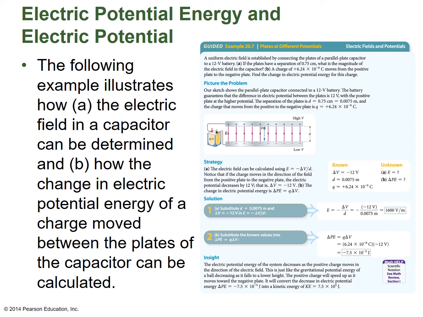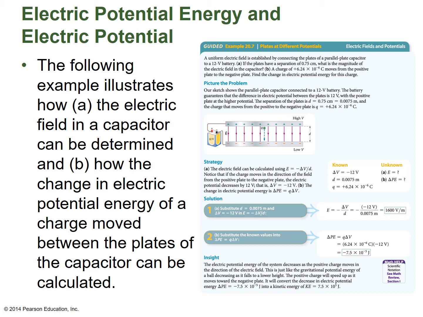The negative sign indicates that the charge loses electric potential energy as it moves from the positive plate to the negative plate, vertically downward. Okay, so let us have an insight into our solution.